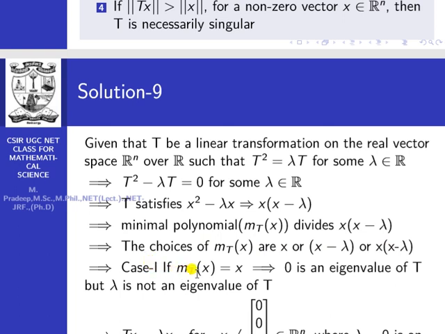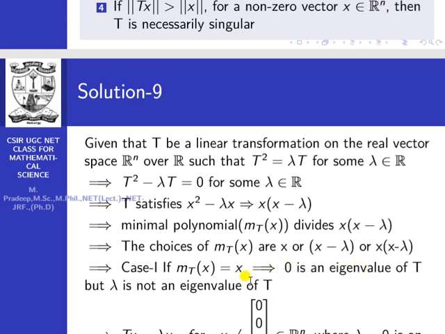Case 1: the minimal polynomial is x, which means 0 is an eigenvalue of T, but lambda is not an eigenvalue of T. Case 2: the minimal polynomial is x minus lambda, so lambda is an eigenvalue of T, but 0 is not. The third case: the minimal polynomial is x into x minus lambda, so both 0 and lambda are eigenvalues of T.